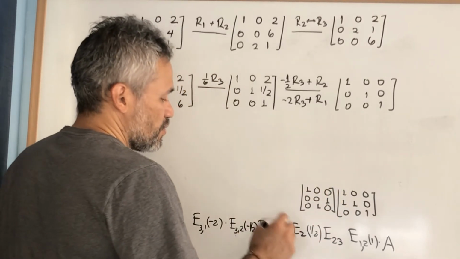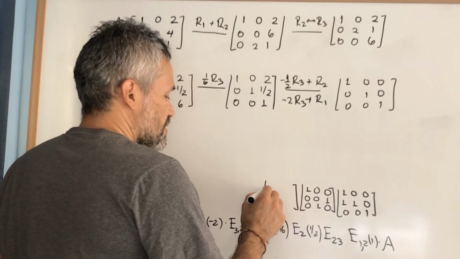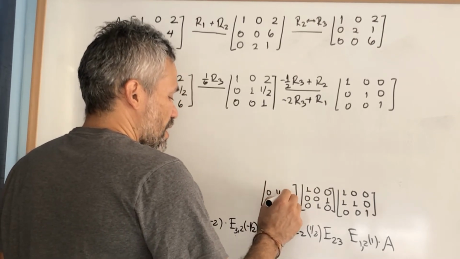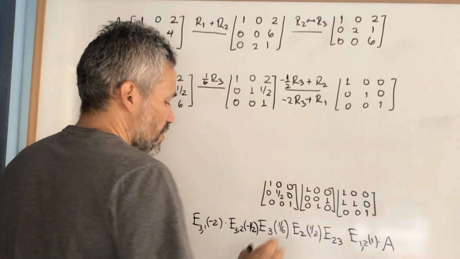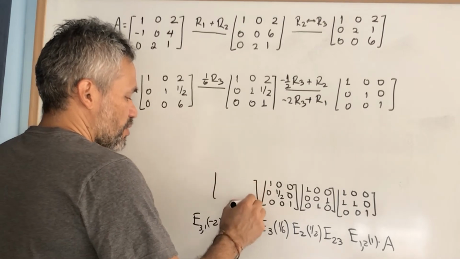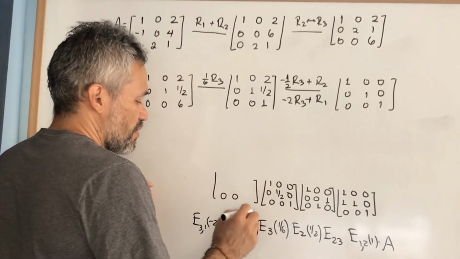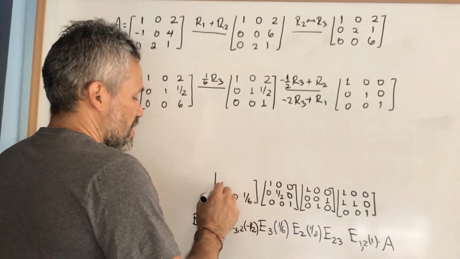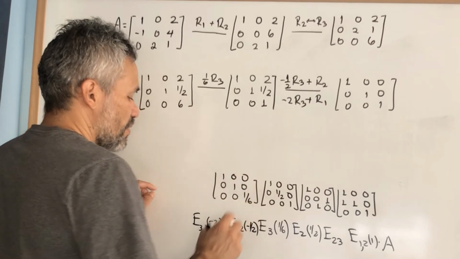This is E2 1/2. This is the matrix 0, 1/2, 0, 0, 0, 1, 1, 0, 0. And this matrix here, we're multiplying row 3 by 1/6. That means that the matrix is 0, 0, 1/6, 0, 1, 0, 1, 0, 0.